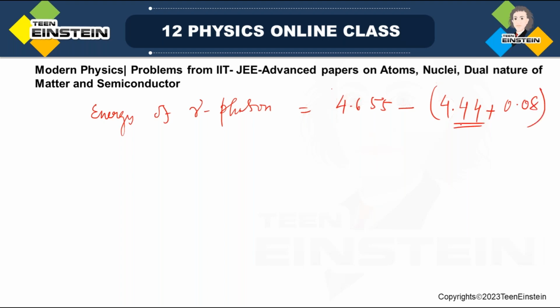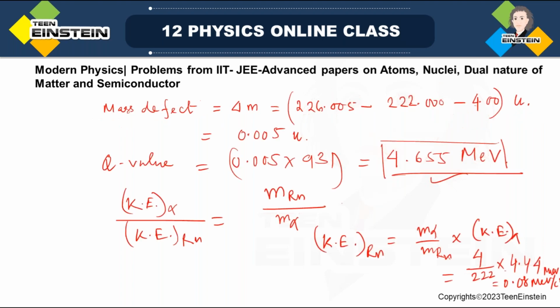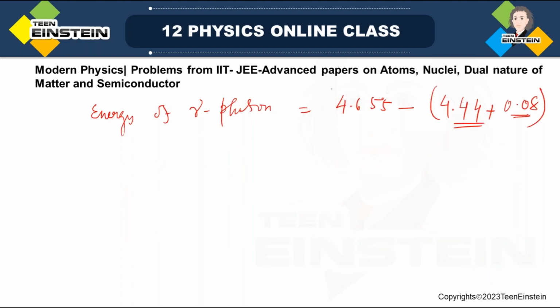This is the kinetic energy of the alpha, this is the kinetic energy of the radon, that means the residual nucleus. And the excess of this energy will be carried out by the gamma photon.